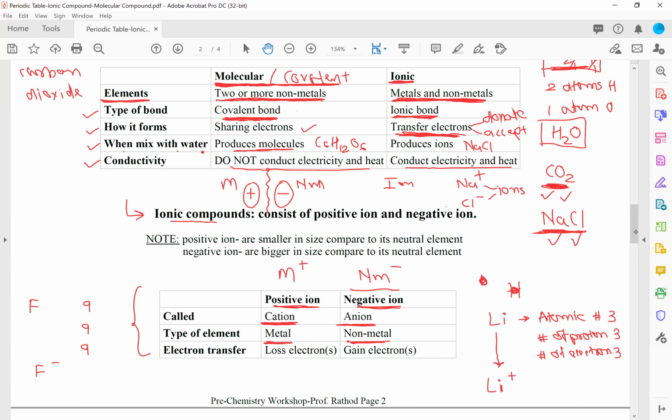So what do we mean by positive ion and negative ion? Let's focus on lithium. To convert from lithium to lithium plus, what is happening? It means it is gaining a +1 charge. However, what we just talked about is that if you want to form an ionic compound, the only thing that happens is transfer of electrons.